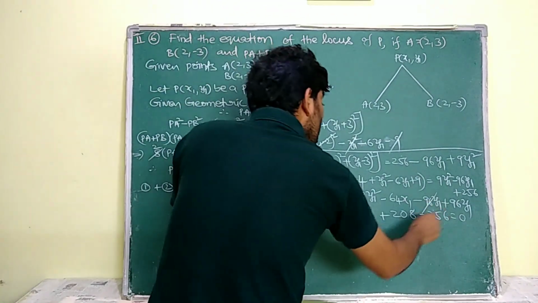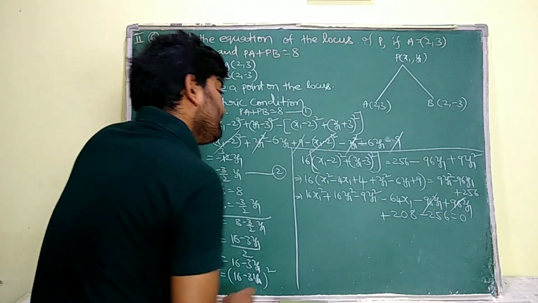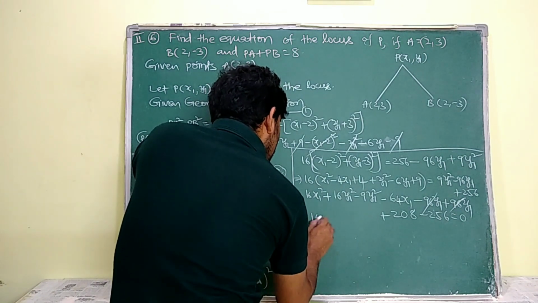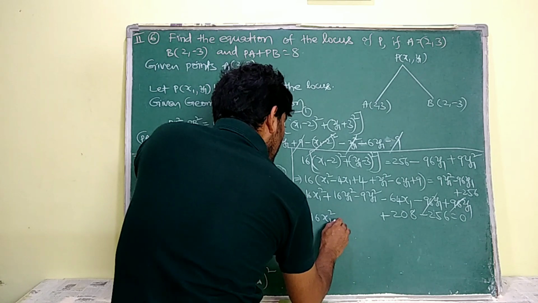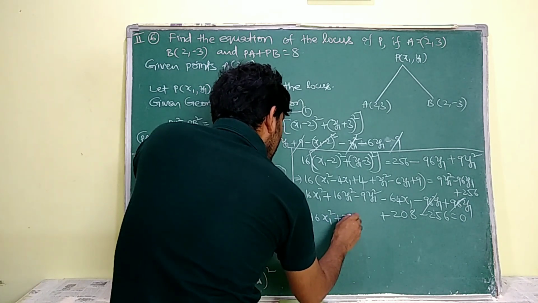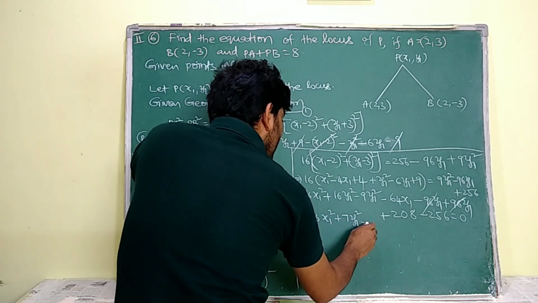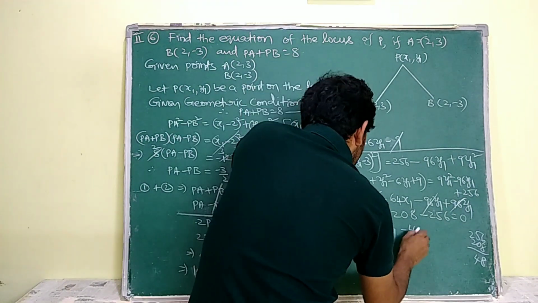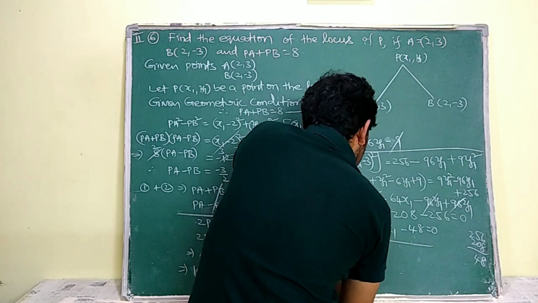See here, these two 96y1 minus 96y1 are going to be cancelled. This is 16x1 square plus 7y1 square minus 64x1 minus 48 is equal to 0.